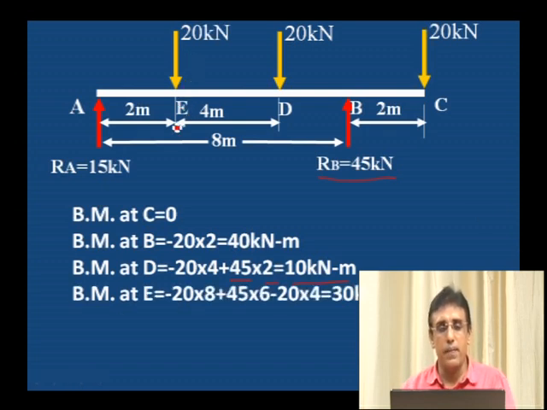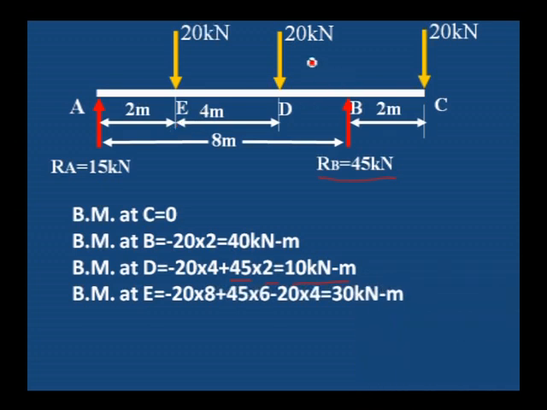Bending moment at E: whatever loads are on the right side, we have to take the moment. These three loads: one is 20 kilonewton at C, one more is 20 kilonewton at D, and RB at B. Therefore, minus 20 into 8, this first load into distance from E to C, 4 meter plus 4, 8 meter.